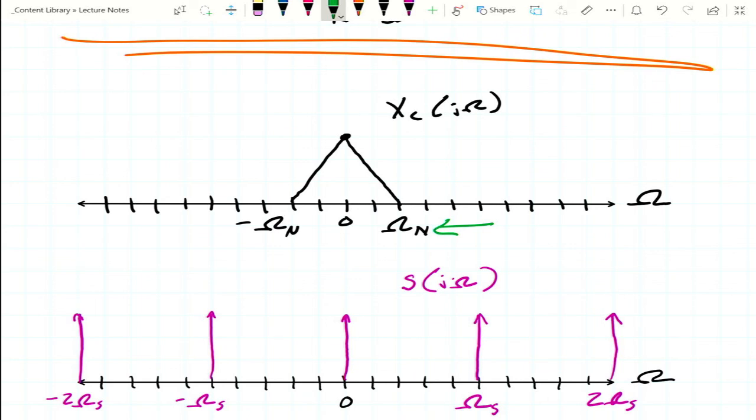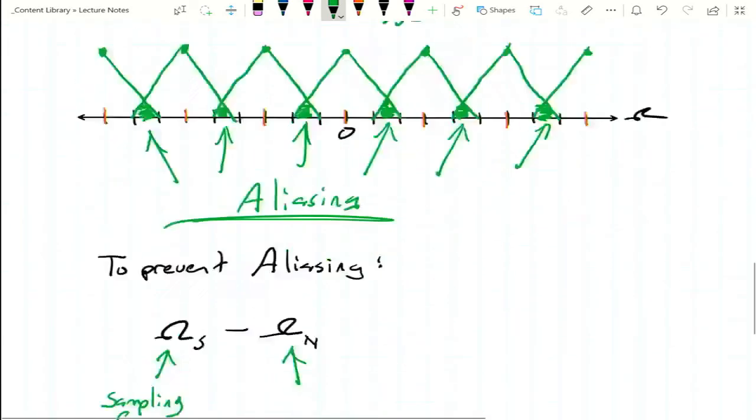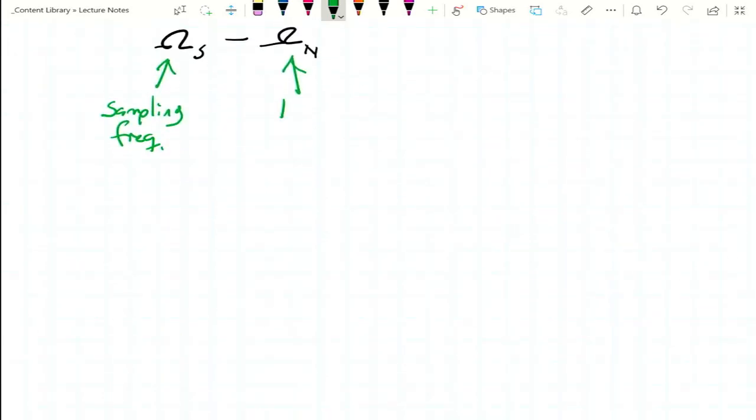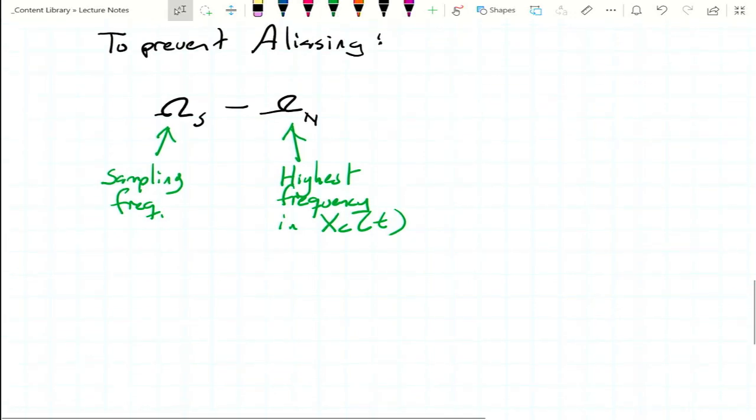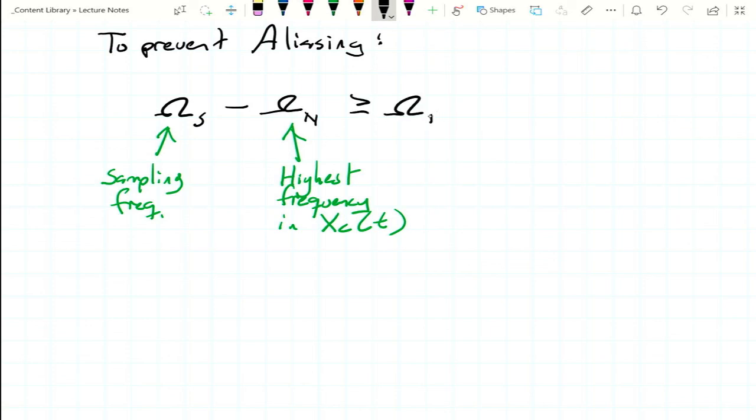So you can think of it as the highest frequency present in the signal, the highest frequency in x sub c of t. So the difference has to be less than or equal to omega sub n again.